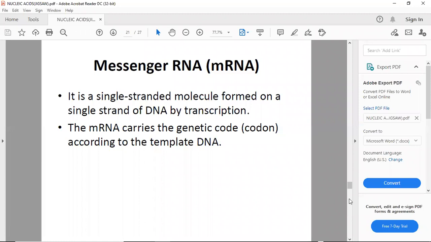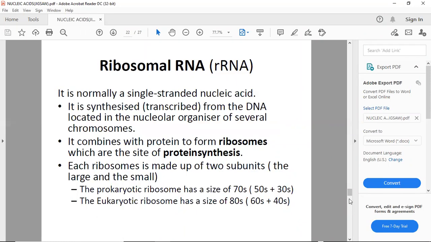And then we have ribosomal RNA, which is normally a single-stranded nucleic acid synthesized from DNA located in the nucleolar organizer of several chromosomes. It combines with protein to form the ribosomes, which are the sites for protein synthesis.